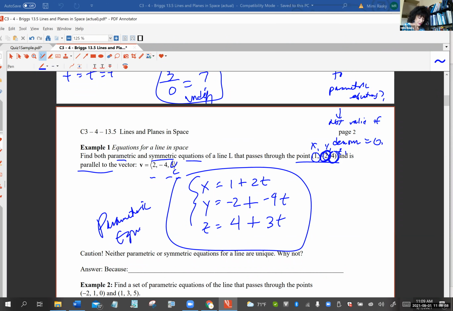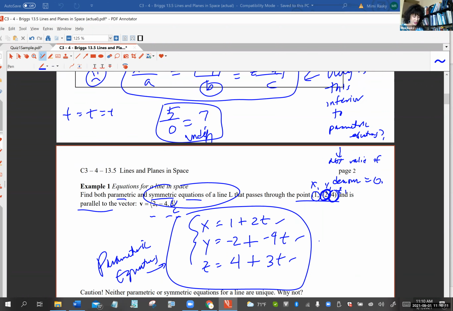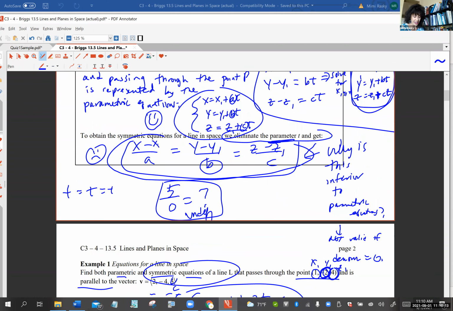And we're done. Well, almost. Now they also want the symmetric equations. If you solve for t 3 times and then set them all equal to each other, that's what the symmetric equations give you. And they have this format.